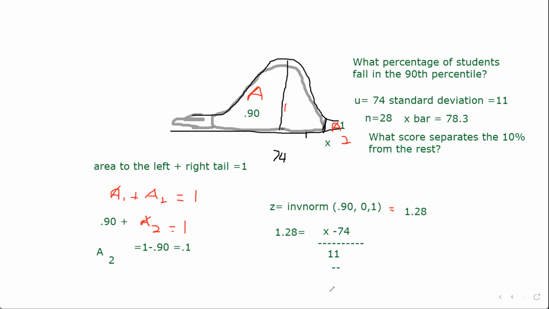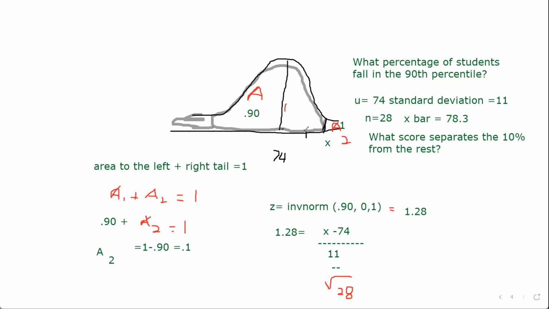But my point in doing that is not to confuse you. It's to remind you that when you're looking for an inverse, you can do this with this problem, or you can do this with the one where you're doing it for an individual score. We don't know what this x is. In part A, we were looking for this portion. We knew that sample mean was 78.3, but we don't know now because we're not at the mean anymore.